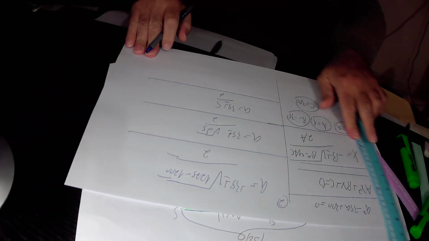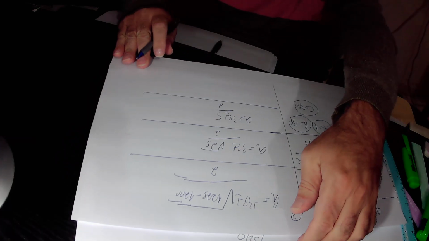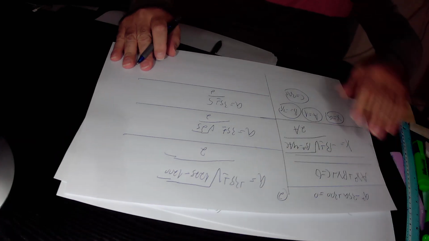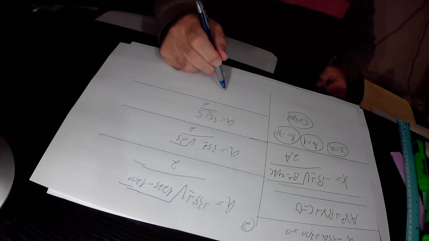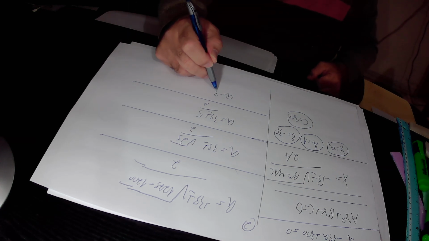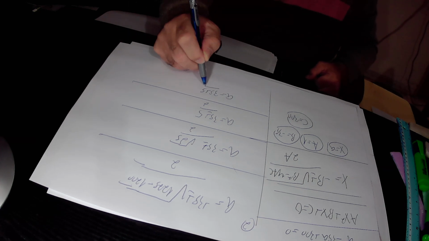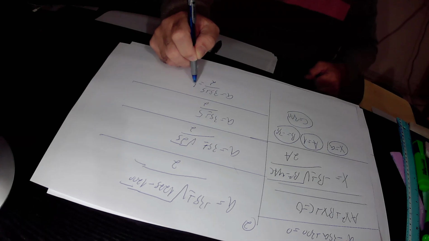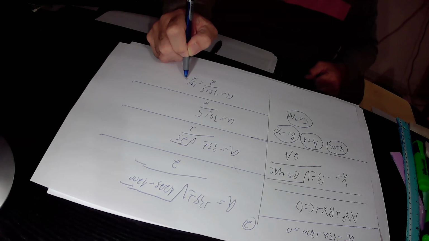The first solution for a is that a equals 35 plus 5 over 2. 35 plus 5 is 40, and 40 over 2 is 20.